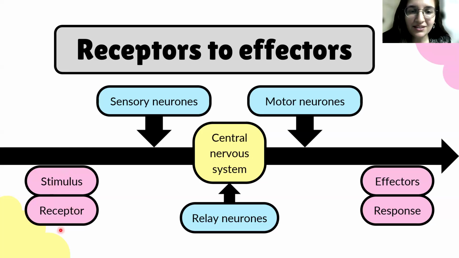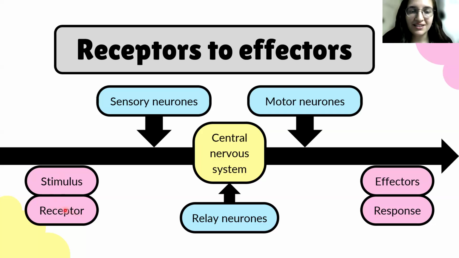Again, receptors are the ones that receive. Receptors are, let's say, your sensory organs or sensory cells in your fingers. You touch something hot, and the receptors in your body, the sensory cells, sense the heat. The receptor doesn't know what to do yet, right?